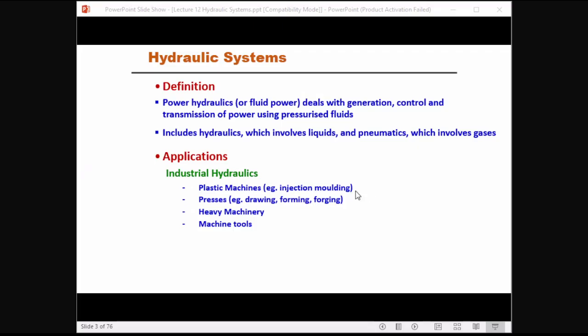Also this hydraulic system is used in presses and heavy machineries. What are some examples of heavy machineries in industry?